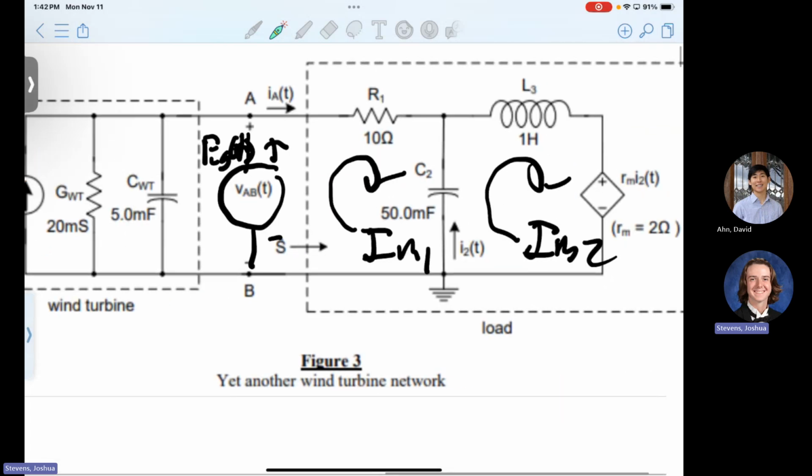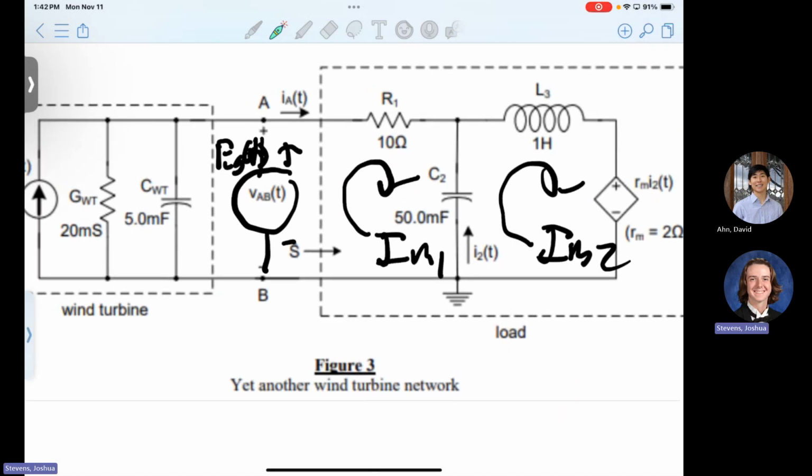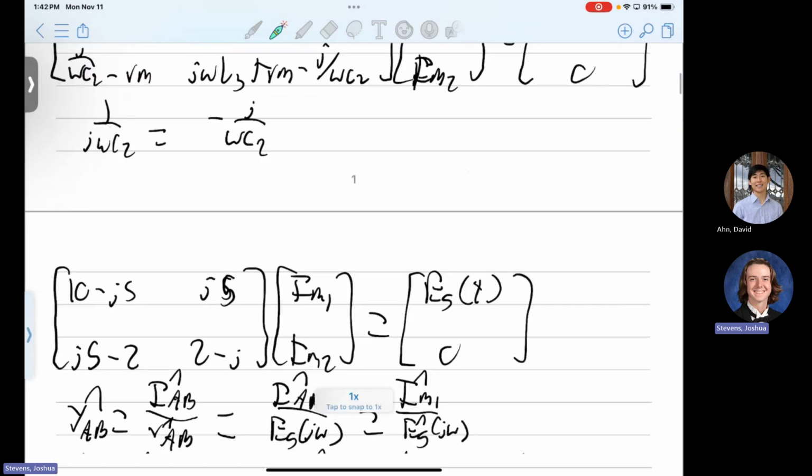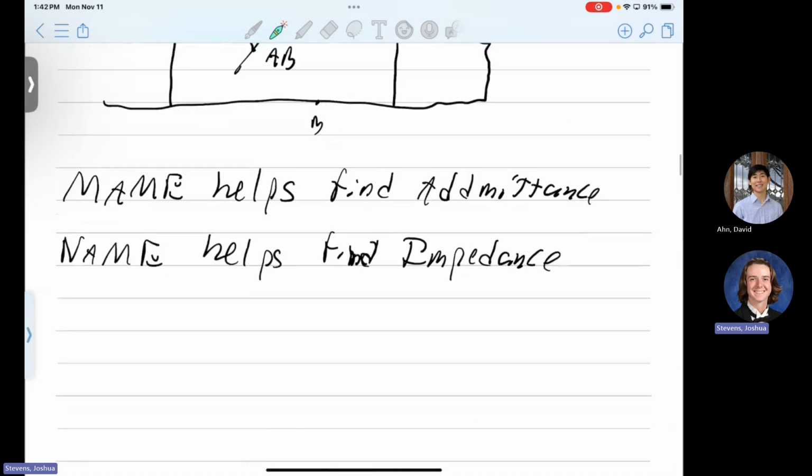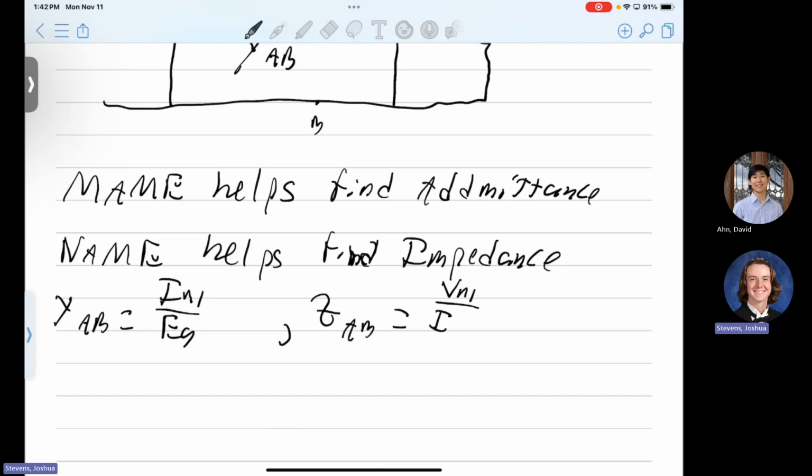And then going over here, I just realized this now about what I literally wrote down, where MAME helps find admittance and NAME helps find impedance. As Phoenix said, if we were finding the impedance here, we'd have basically the IM1 over our voltage source. And if it was the opposite, we'd have our VN1 over our JG, where this IM1 will become that delta 1,1 over EG.